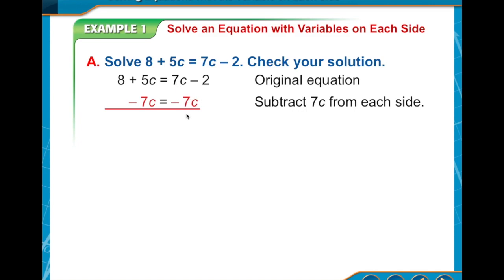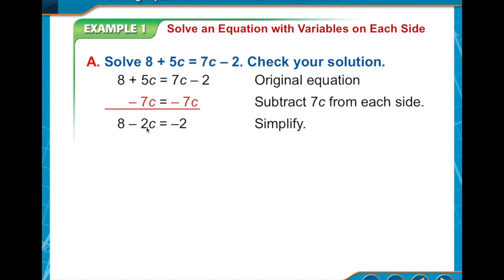That will cancel out the C's on the right, and on the left side we'll have negative 2C left. The point of doing that is that we now have all of our C's grouped together on one side of the equation. Now we can get to solving for what this value is.